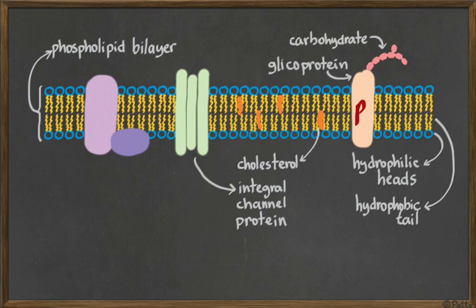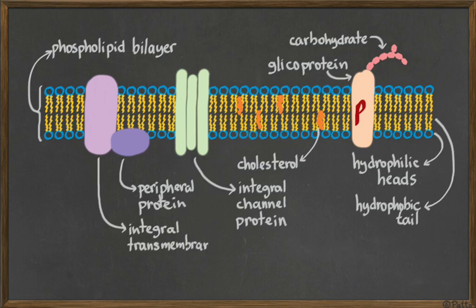There we have a peripheral protein, which is glued to another integral protein on the side. And here is another integral protein, transmembrane, because it goes from side to side. So we have our phospholipid bilayer with proteins, which makes it fluid, because it moves around, and mosaic.